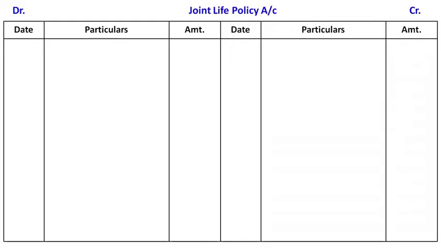If it is method 3, premium paid, reserve creation, reserve write off. But in method 4, when we prepare joint life policy account, we have to remember only two things: premium paid on the debit side of joint life policy, write off on the credit side. So here premium paid 1/4/2016 to cash and bank account on debit side of joint life policy.